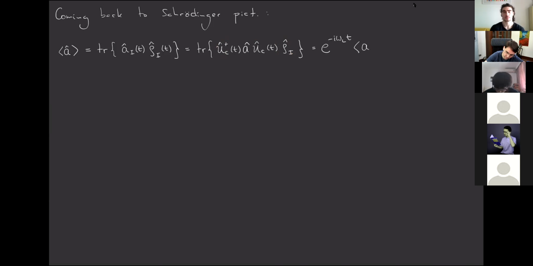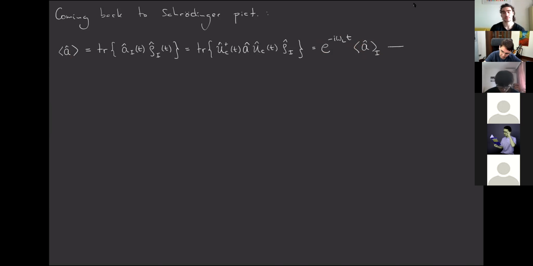So at the end, this is the relation between the real expectation value, the expectation value as you would measure it in the laboratory, okay? And the expectation value, the mathematical one that we defined in the intermediate picture, okay? So they are related just by the rotation induced by this phase.